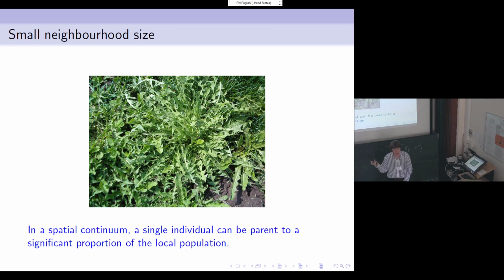So we never had 3 or more lineages coming together in a single generation in our model. But if we're in a spatial continuum, a single individual can be parent to a significant proportion of the local population. This is dandelion greens, and my backyard looks very much like this. There are many, many plants here, and they almost certainly came from a common parent because of the way that dandelions spread their seed in these beautiful clocks, which tend to stick together as they go apart.